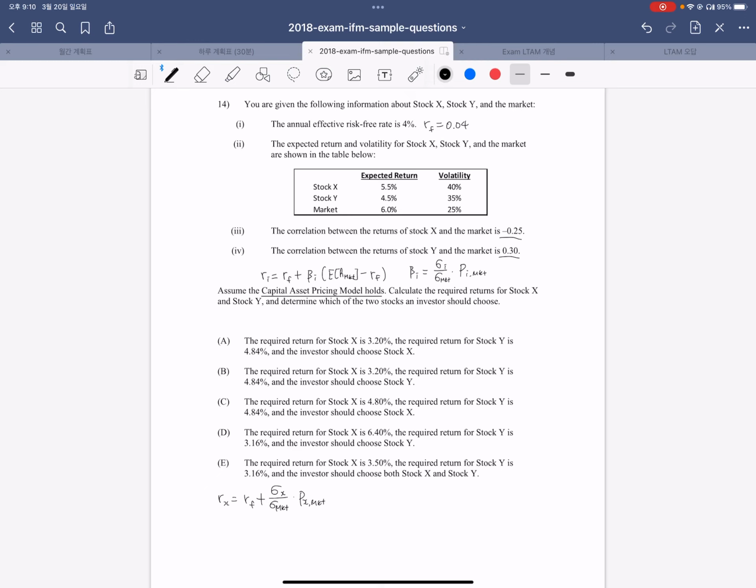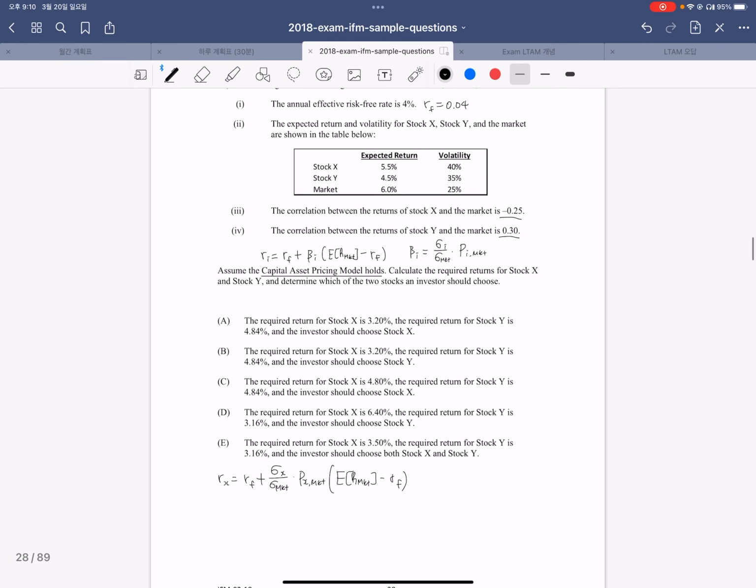And this whole thing equals beta. And then parentheses, expected return of the market minus risk-free rate.